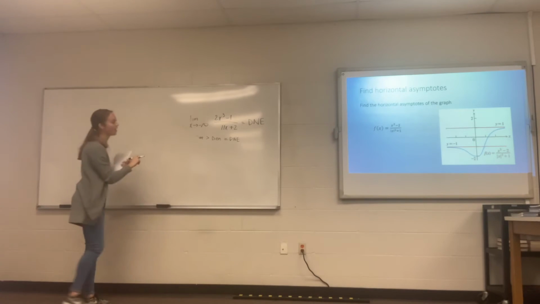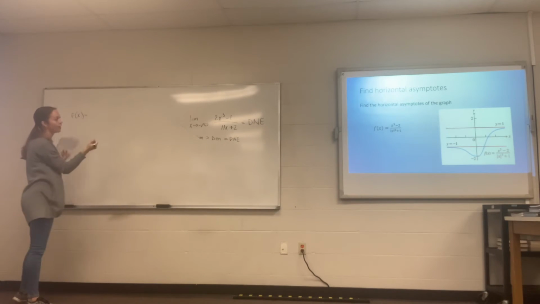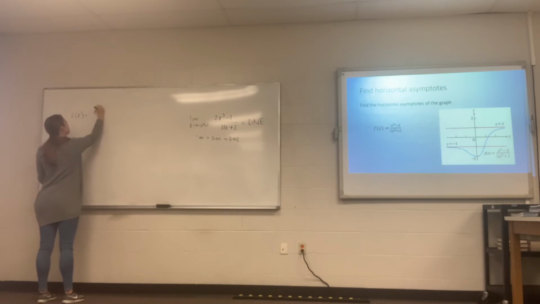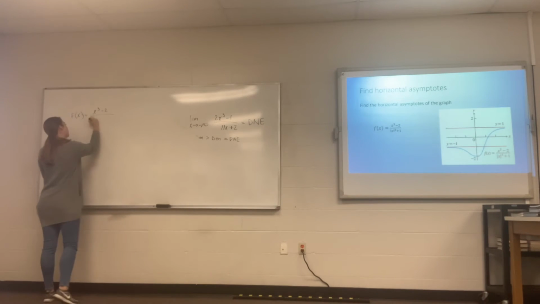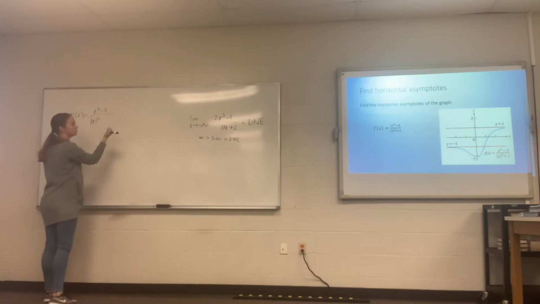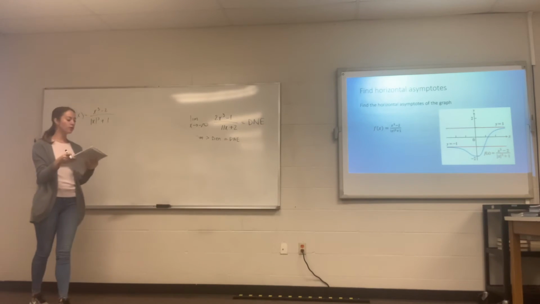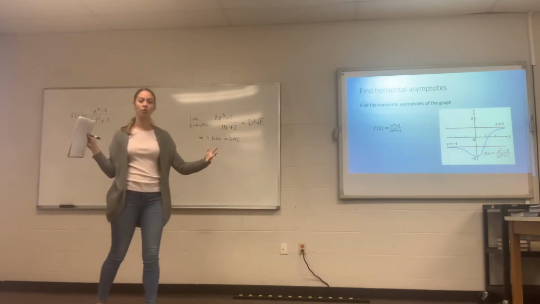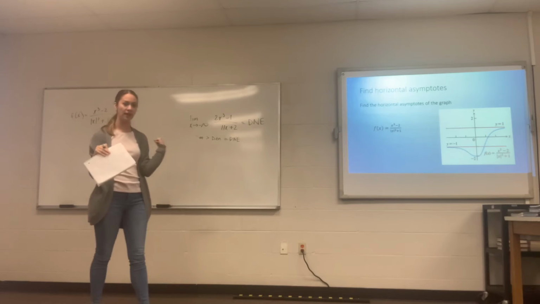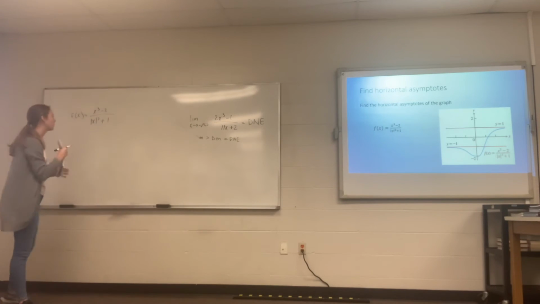I have the function f of x equal to x cubed minus 2 over the absolute value of x cubed plus 1. We can figure out what's going to be happening on both ends, as we're approaching negative infinity and positive infinity. So let's break it into the two separate ends.